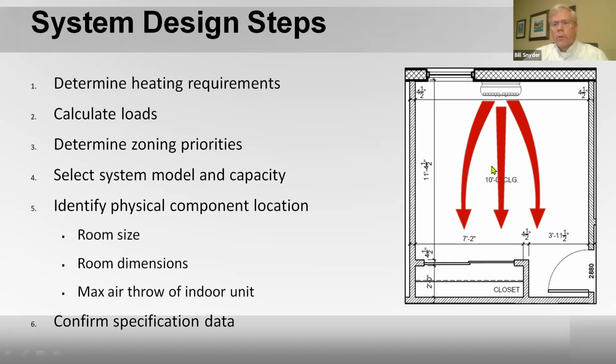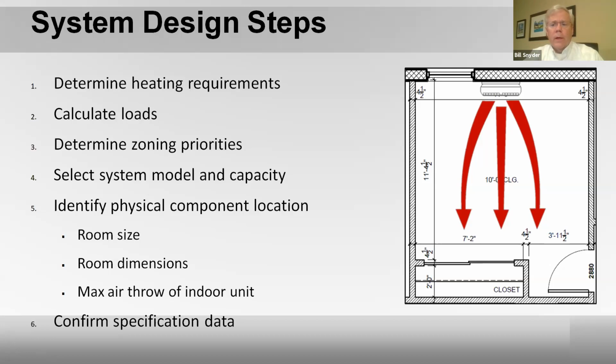It looks narrower than wide, but this is saying 11. So let's just say it's 11 by 11. An 11 by 11 space will probably take about 3,000 BTUs to cool. Just a quick rough estimate.